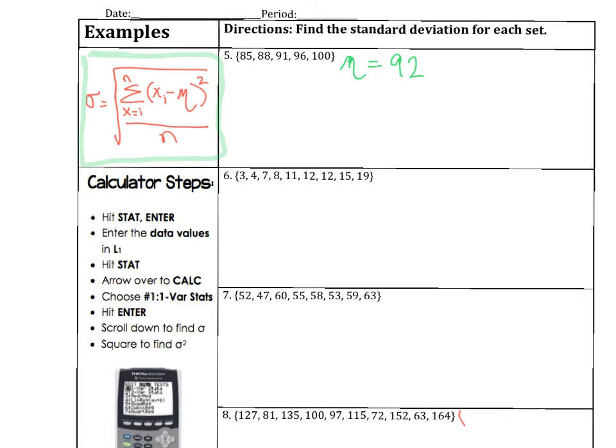Although this formula looks like it's a lot at once, all it is really telling us to do is take each and every one of your data points. We'll start with 85. Subtract your mean and square that number. You will do that with each and every one of your data values, and then add up all of those values together.